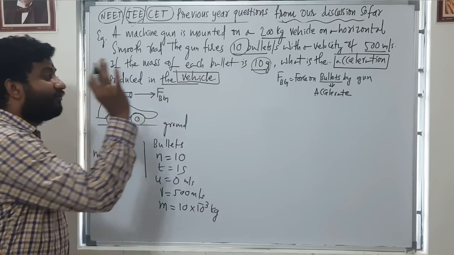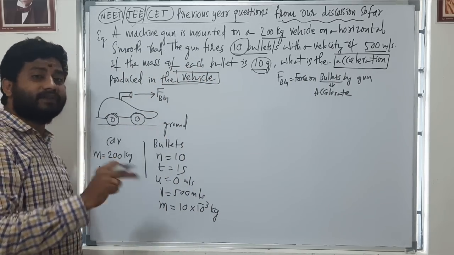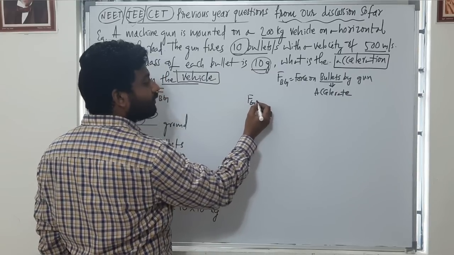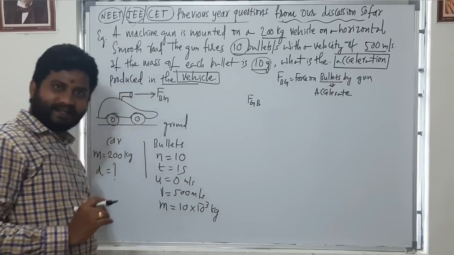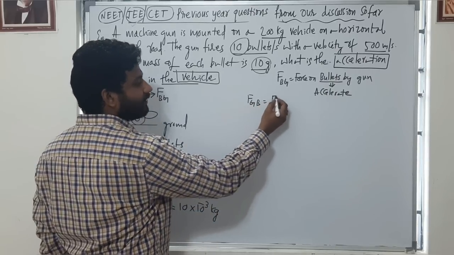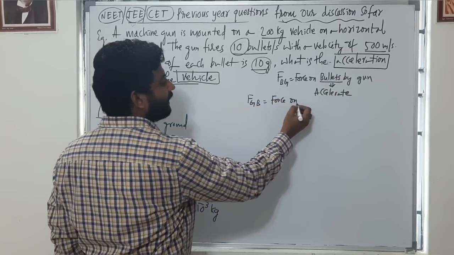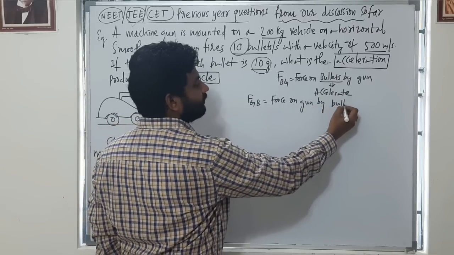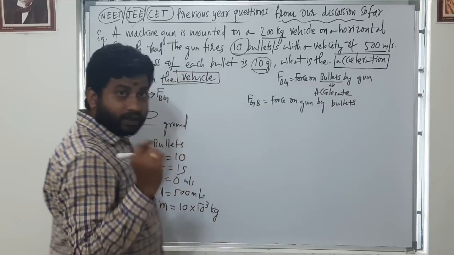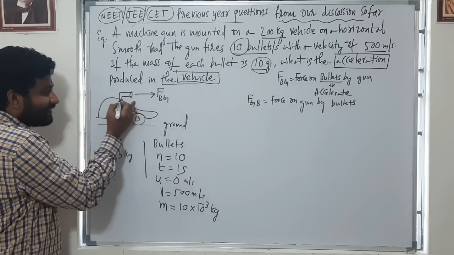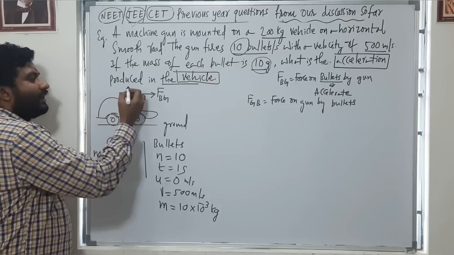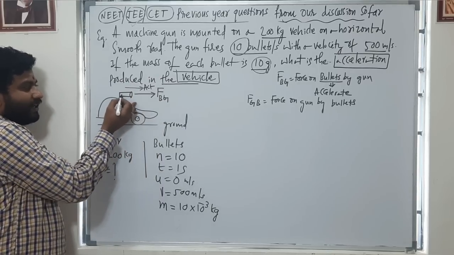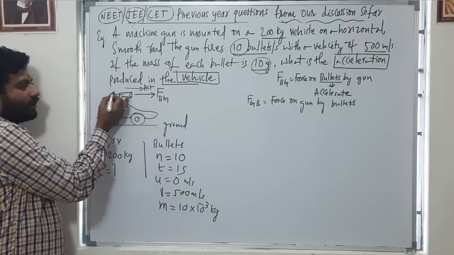Same thing. If it is an action force, there will be a reaction force. What's a reaction force? Force on the gun by the bullets. Understand? Here, as the gun is in contact with this car, if you say that it is action force, definitely the reaction force will be acting on the gun.